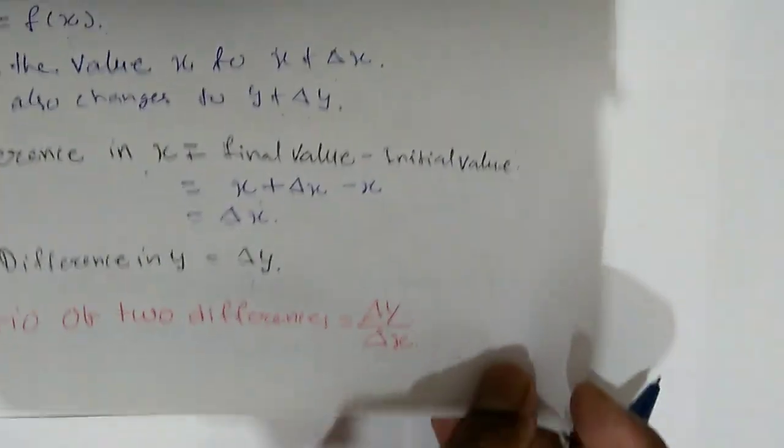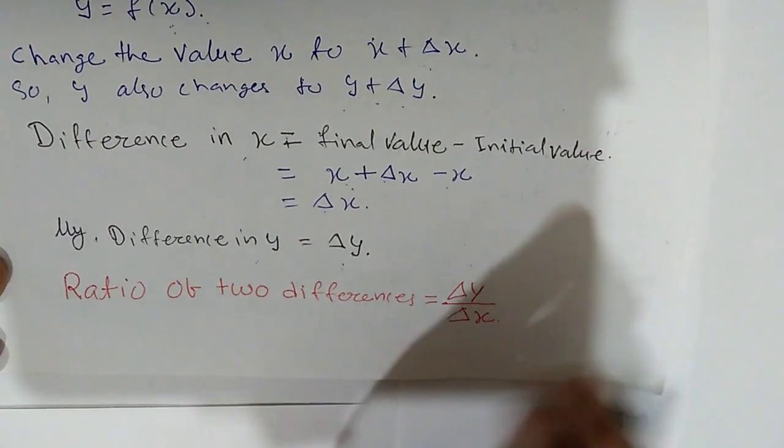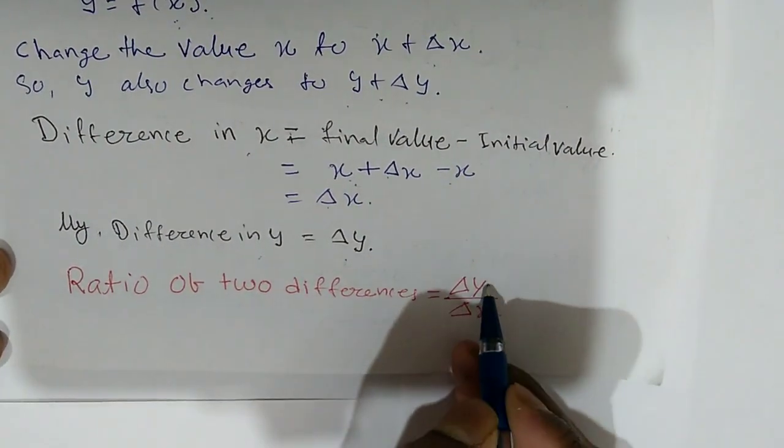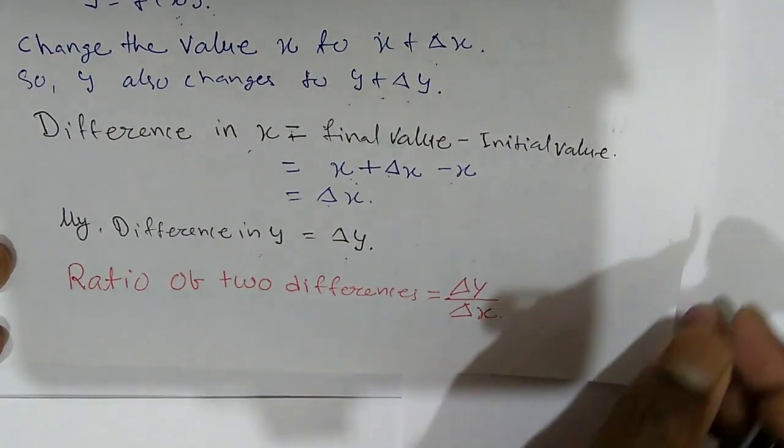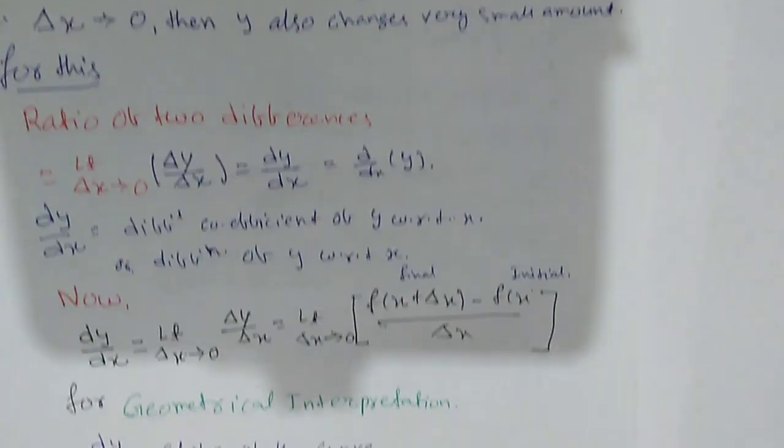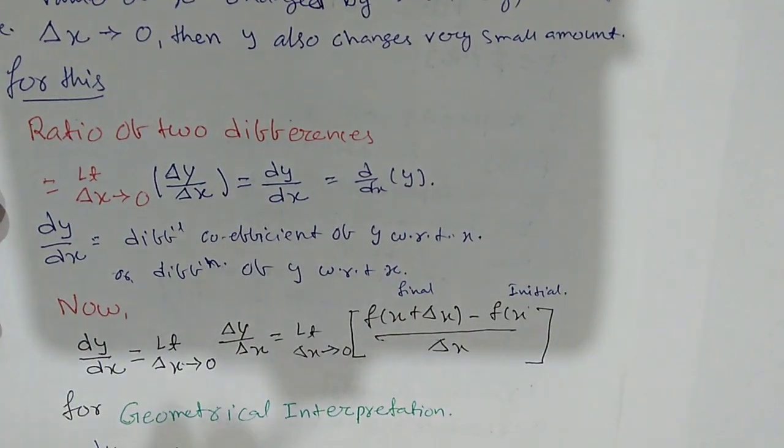Now take the ratio of the two. If we take the ratio of the two, we write here del y upon del x. This one is our basic thing.